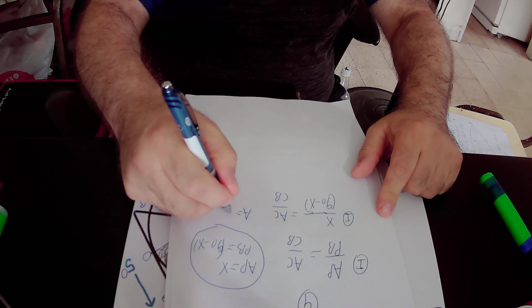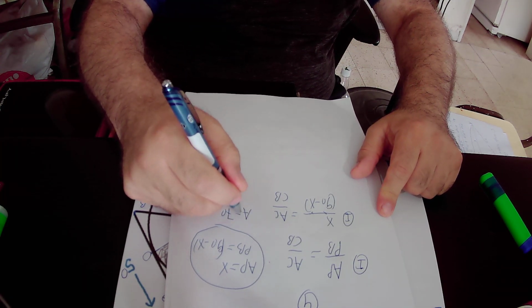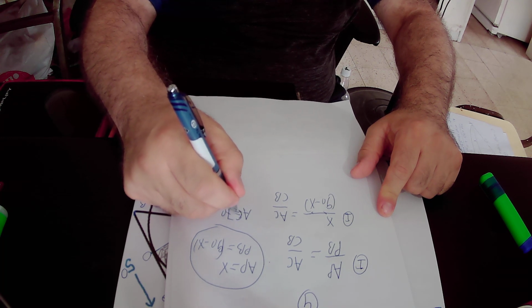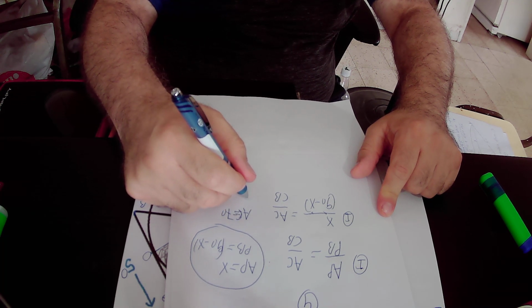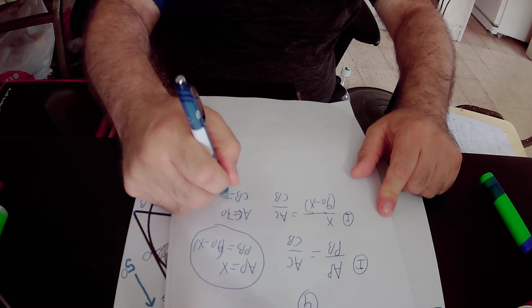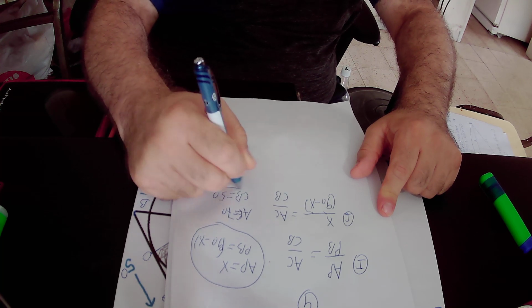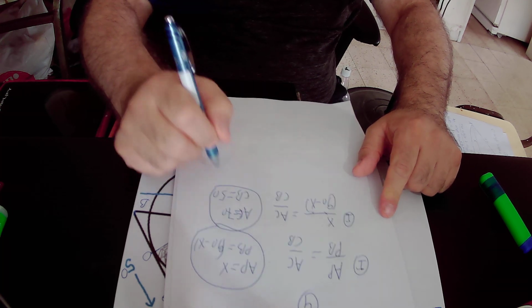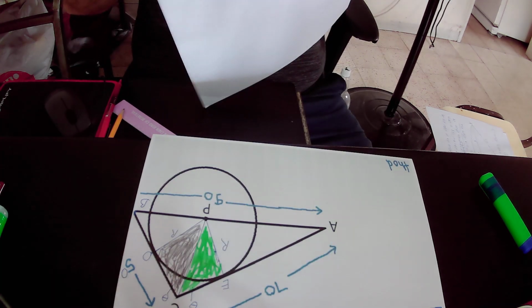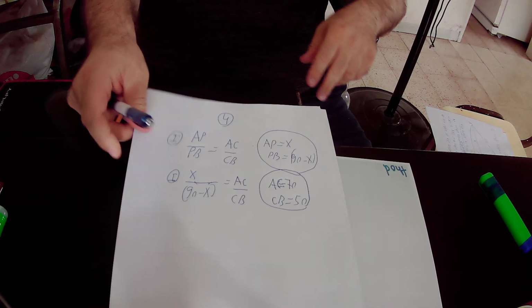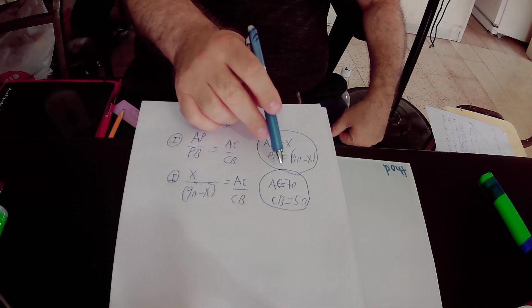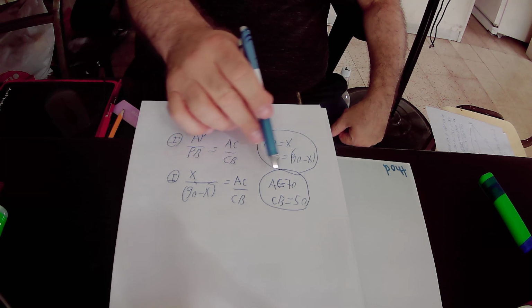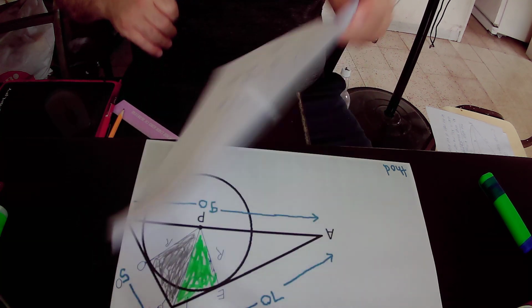AC equals 70 units and CB equals 50 units. Okay, so we can substitute AC by 70 and CB by 50.